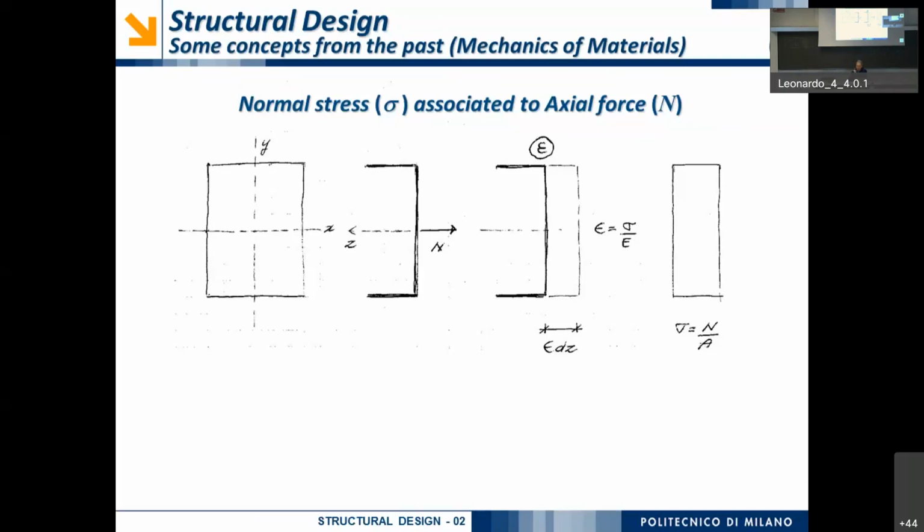Is inversely proportional to E, so the strain epsilon is equal to sigma over capital E, okay? It's very easy when we are dealing with an axial force, because I pass from the resultant to the local stresses, and since the local stress induces some kind of local deformation, I can also evaluate the elongation or the strain.